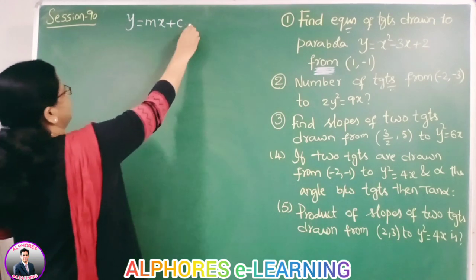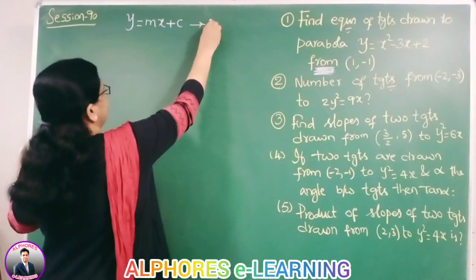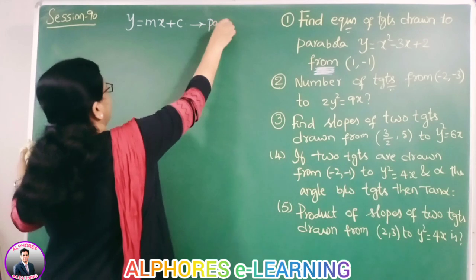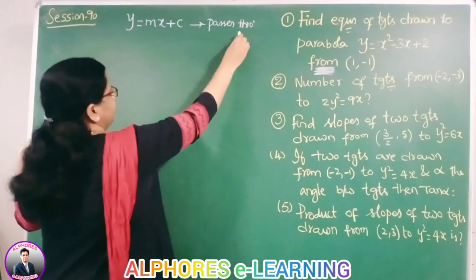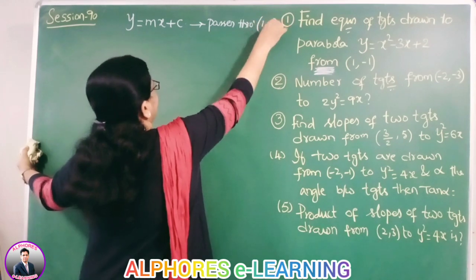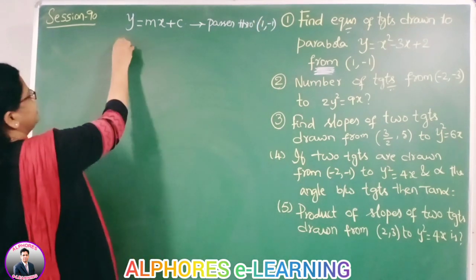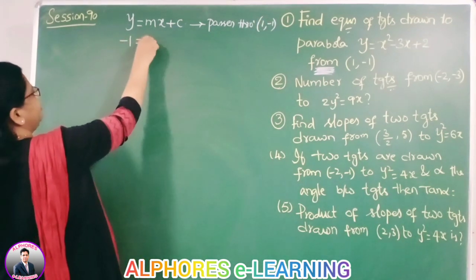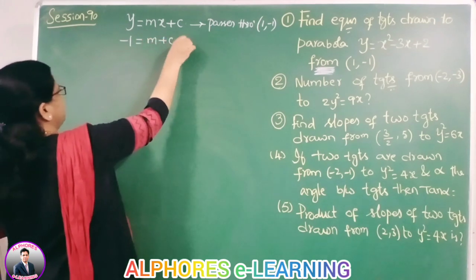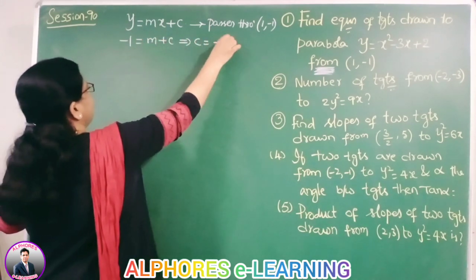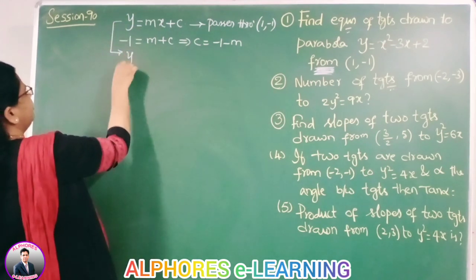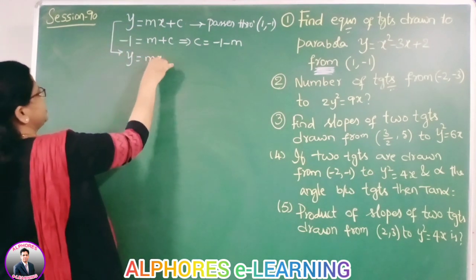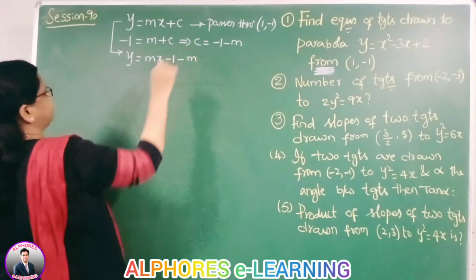If you substitute the point 1 minus 1, then minus 1 is equal to m plus c. That implies c equal to minus 1 minus m. Then if I substitute, it is y equal to mx minus 1 minus m.